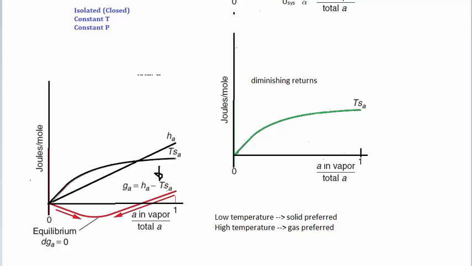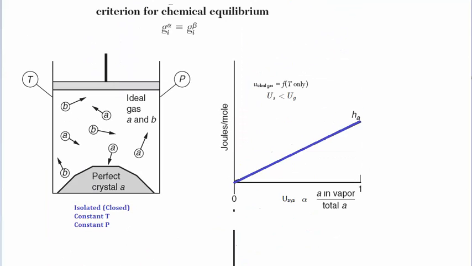What that means is that you look at the entropies of having more gas versus the entropy of having more solid, and you realize that gas has a higher entropy than solid, and if entropy is more important, you want to maximize that to get your lowest Gibbs energy, and thus, if the system is at a higher temperature, the gas state is preferred.